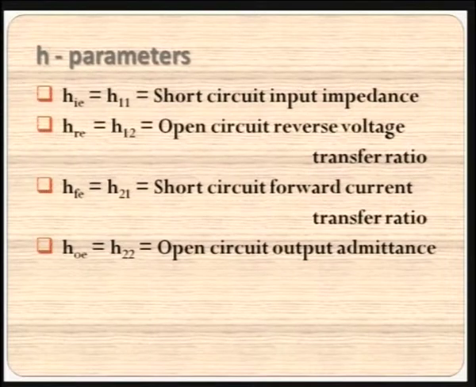Why do we call them open circuit output admittance? Similarly, the first H parameter is called short circuit input impedance. It is because of the condition that we maintain. When we say it is a short circuit input impedance, something is shorted, something is connected together.